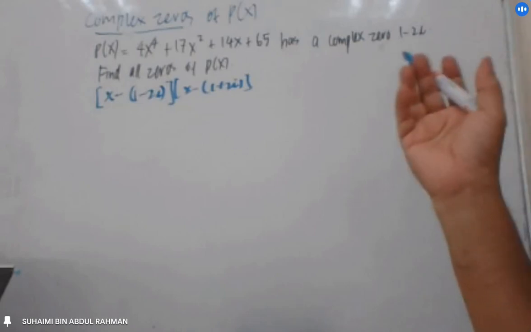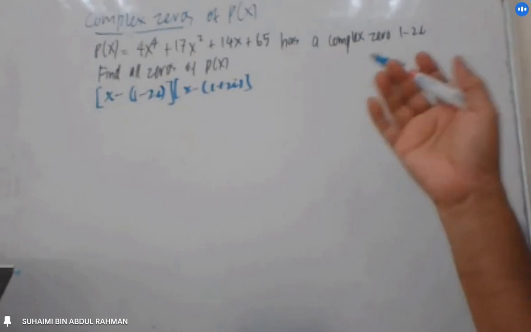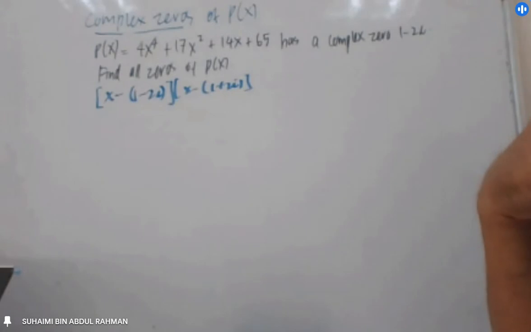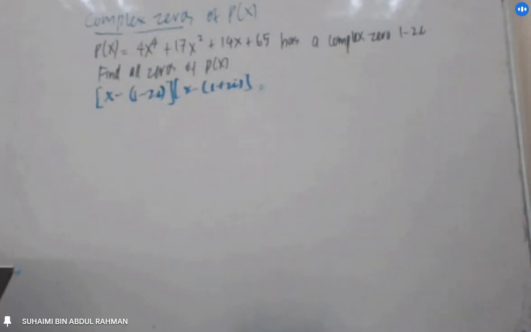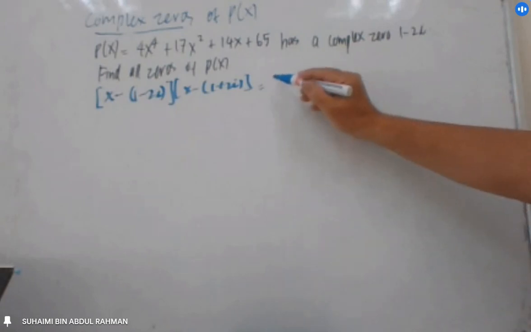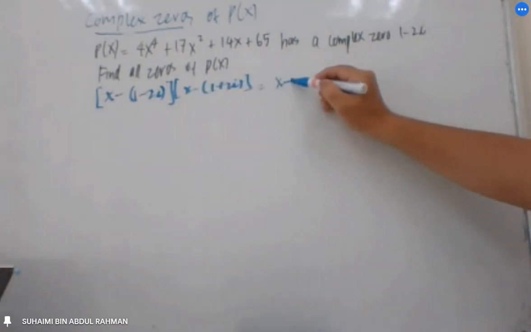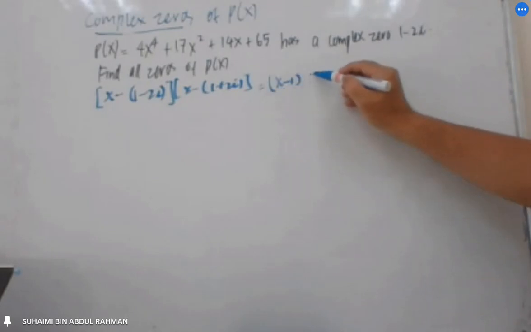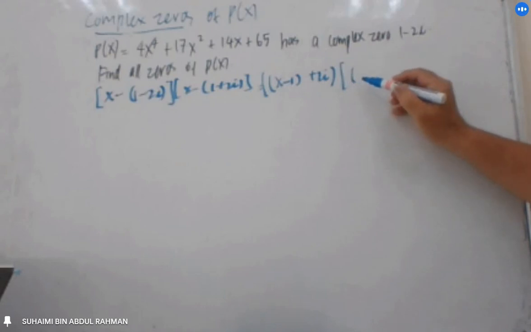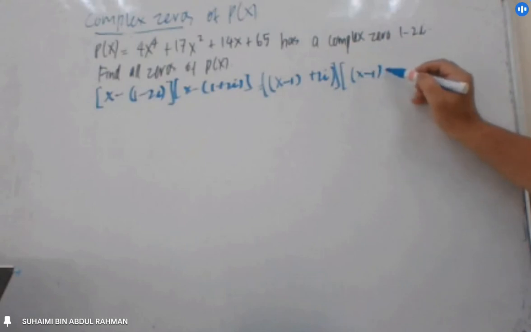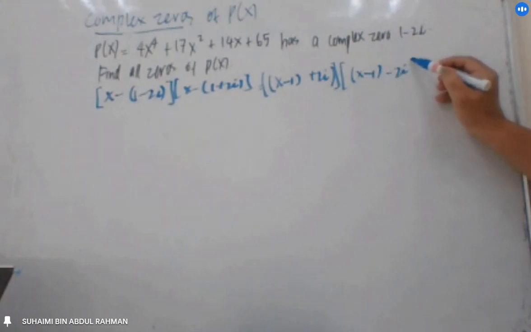We want to know what our divisor is when we want to divide using long division. Similar to the first example today, this one can be written as x minus 1 plus 2i, and this one x minus 1 minus 2i.